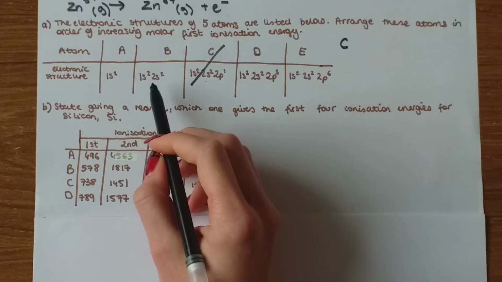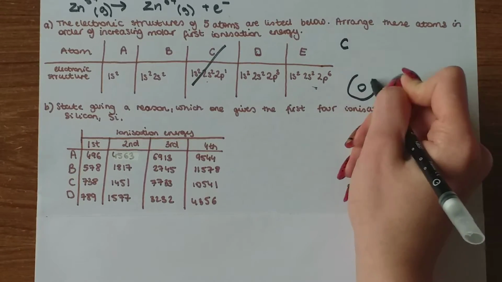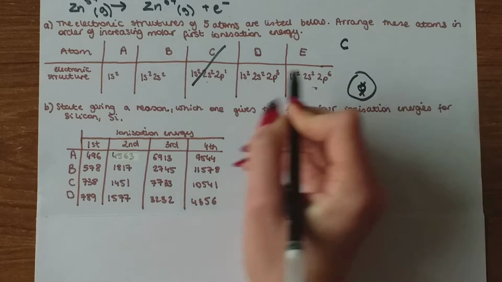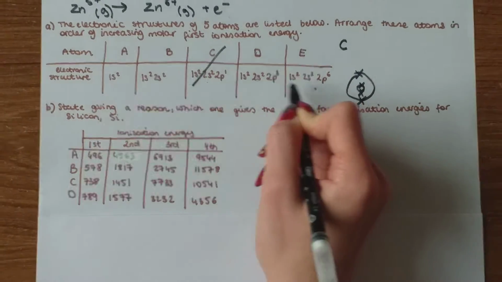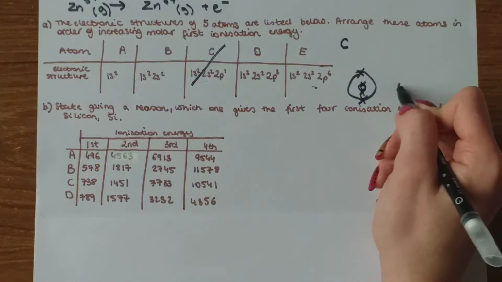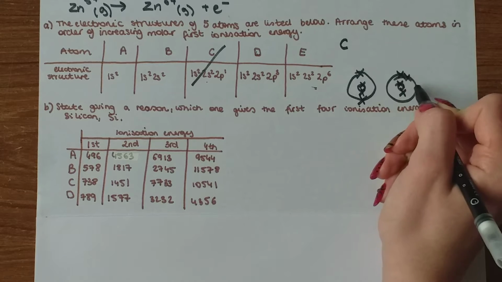The next one, as you can see, they would all have 2 shells. 1, 2. Because this one has 4 electrons, so it will look like that. And even though E has 8 electrons, it will still have 2 shells.